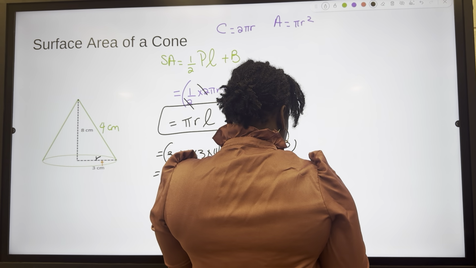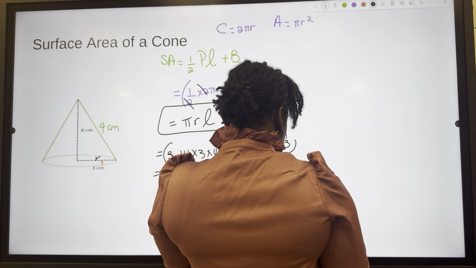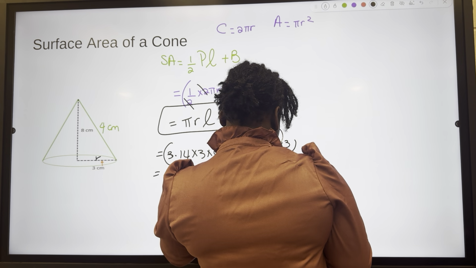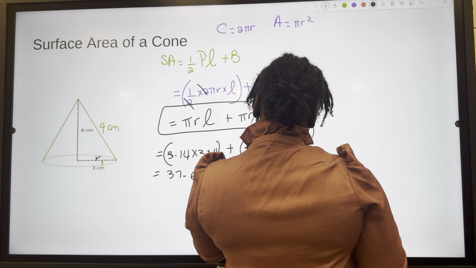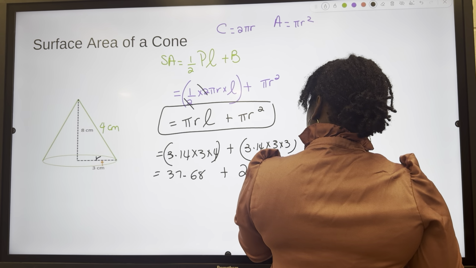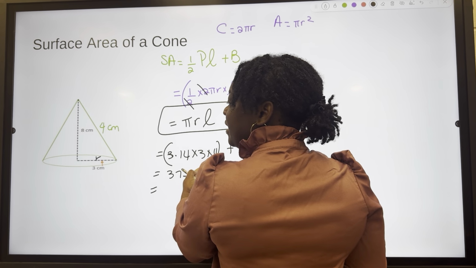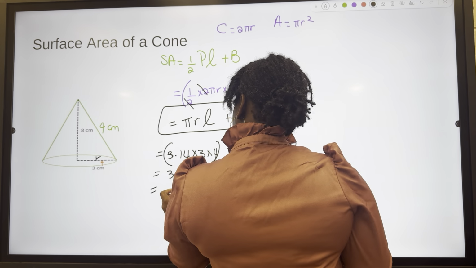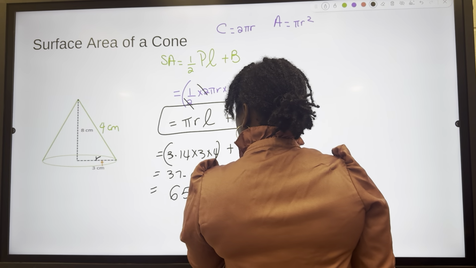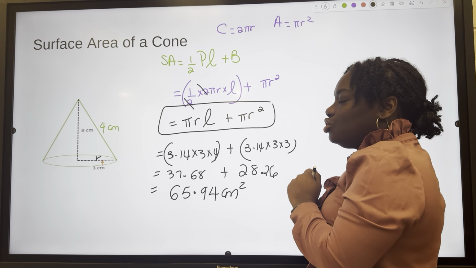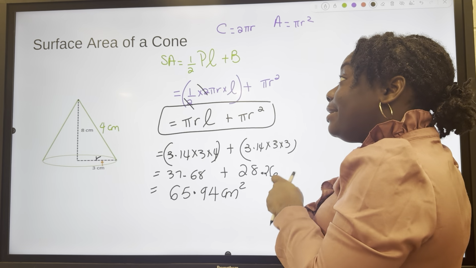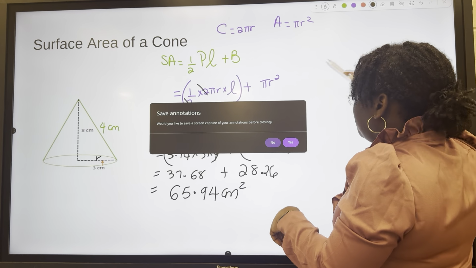Good. And what would that be equal to? This part is 37.68 plus 28.26. So my final answer is 65.94 cm squared.